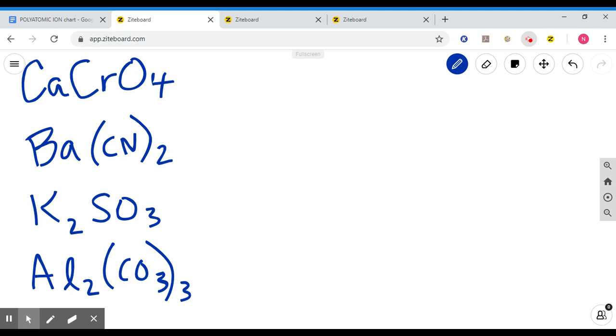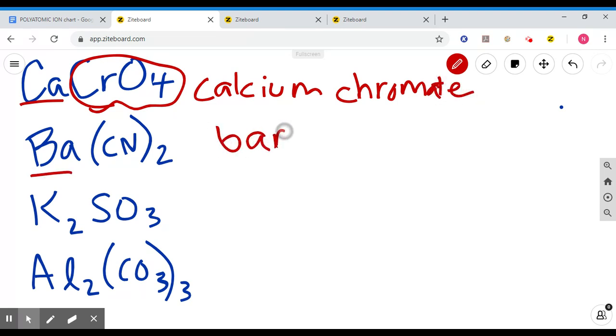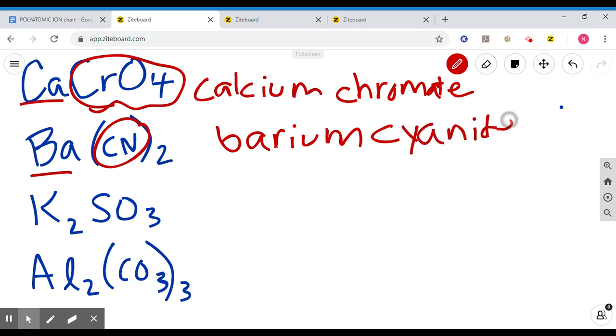Okay. So welcome back from pausing and trying these. I'm just going to write the names for you. Ca is calcium. What's left over is chromate. We got Ba, barium. What's left over here on the inside is a polyatomic. It's cyanide. K2, ignore that little 2.